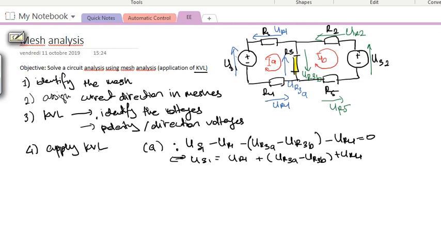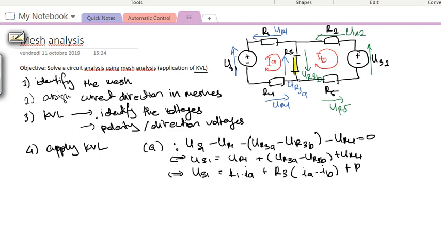Now we don't know what the values of the voltages are, so we have to develop them using Ohm's law. So if we rewrite everything using Ohm's law, you have UR1. What is UR1? UR1 is R1 multiplied by IA, right? Plus UR3A and UR3B. What are they? They are basically the product of R3 multiplied by IA minus IB, right?